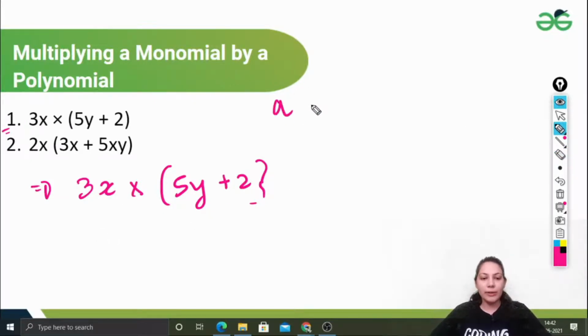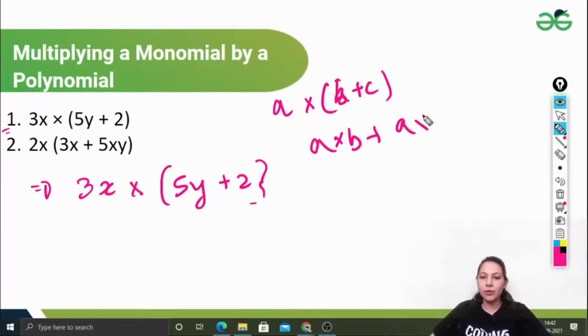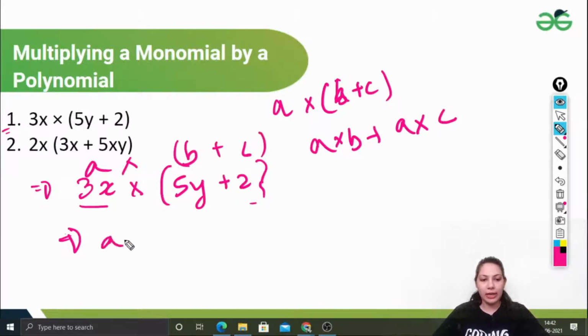It's just a property like a into b plus c. So how do we solve this? A into b plus a into c. Yes, so we will apply the same rule here. So if this is a, this is b and this is c, then what will a multiplied by b plus c be? A into b plus a into c.